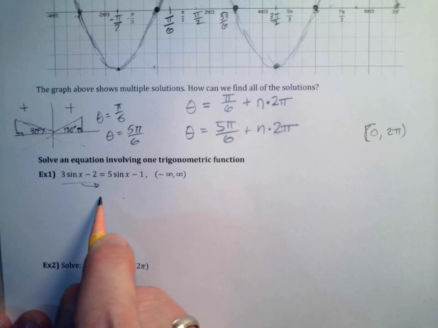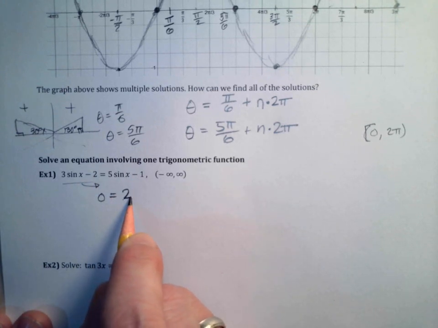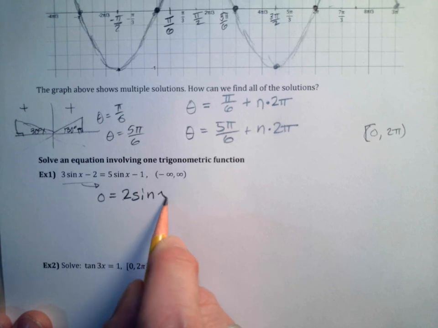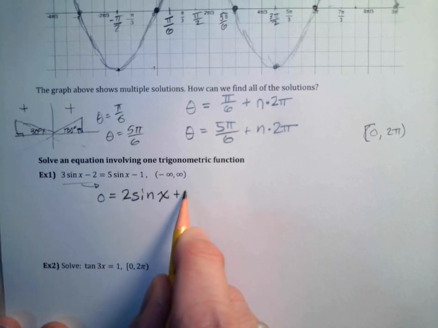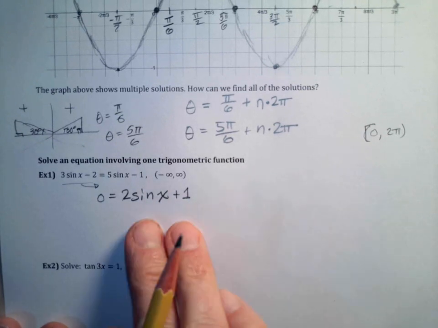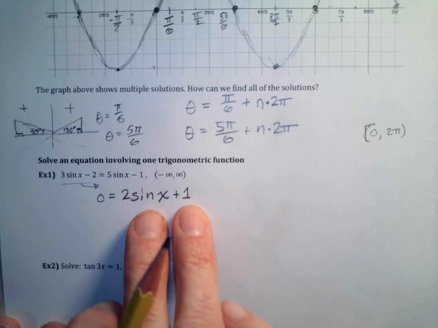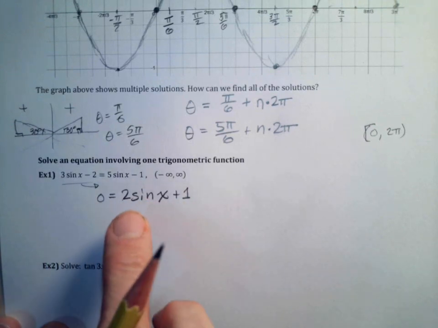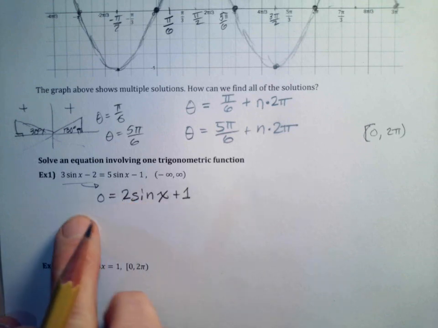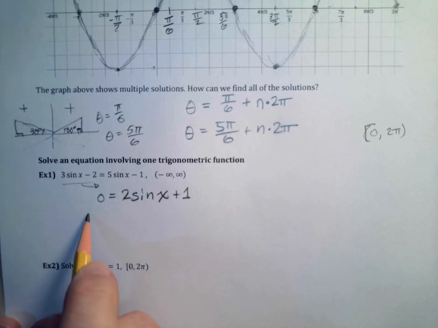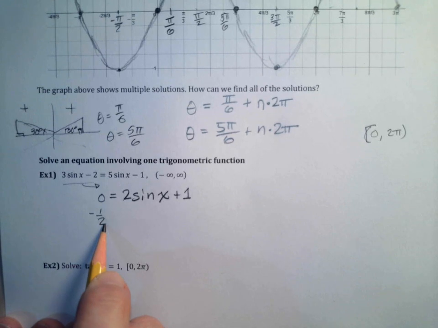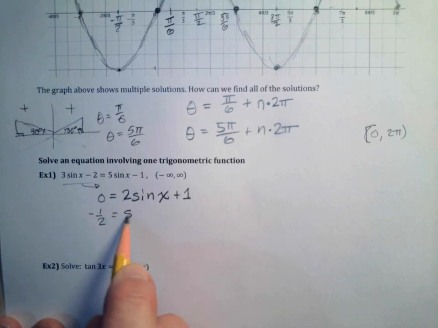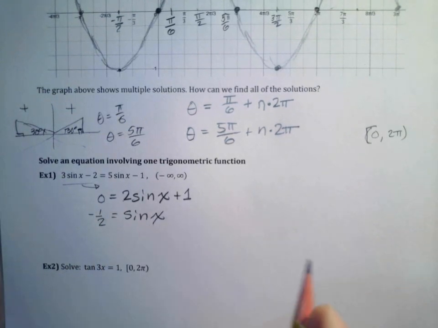That gives us 0 equals 2 sine x, plus 1. And so there's no factoring involved here. So I think what we want to do is take the 1 over and divide by 2, right? So that's going to be negative 1/2 equals sine of x.